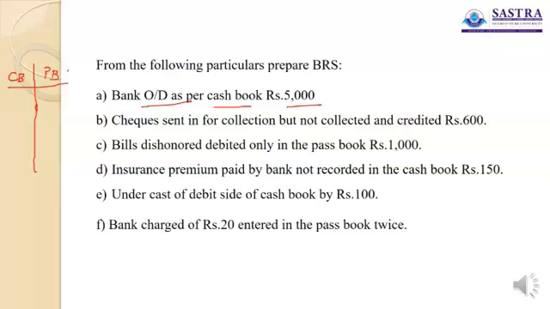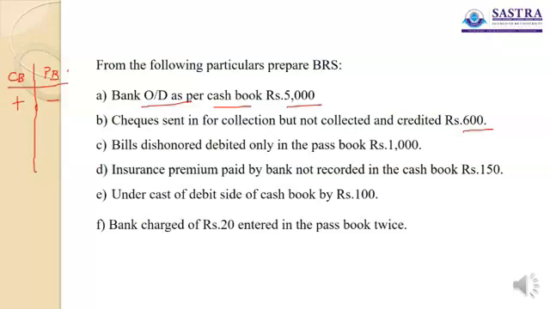Sent in means the receipt which we would have entered into the cash book bank column as a receipt that keeps the cash book's balance higher, whereas the same remitted to the bank, sent for collection but not yet credited in our account, keeps our bank's balance lesser.